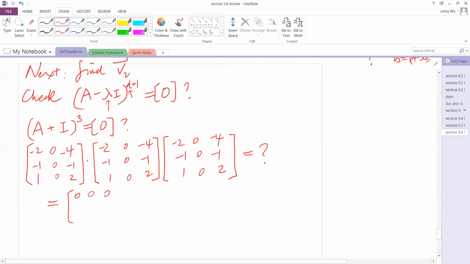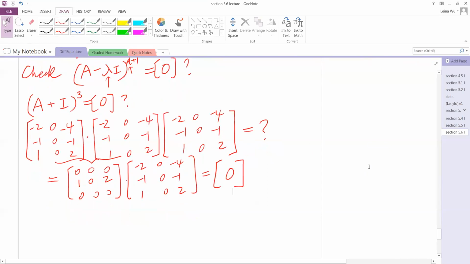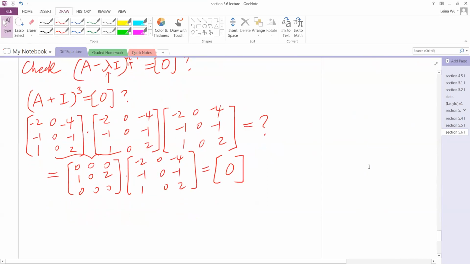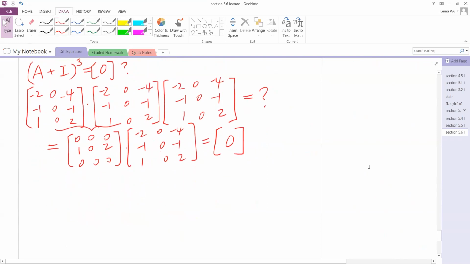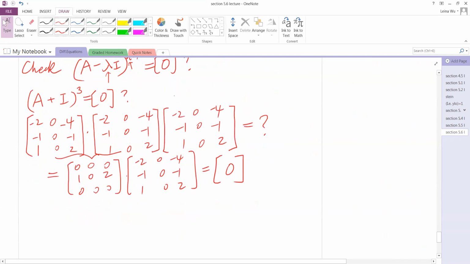Oh, is that squared? I think what Milan did is the square, which is 1, 0, 2, zeros. Then times -2, -4, -1, 0, -1, 1, 0, 2 again, you end up with all zeros. You also used a calculator, right? Okay, so the answer is yes. That's a good sign.